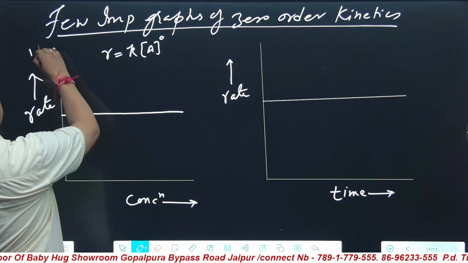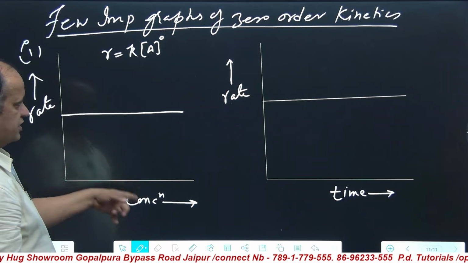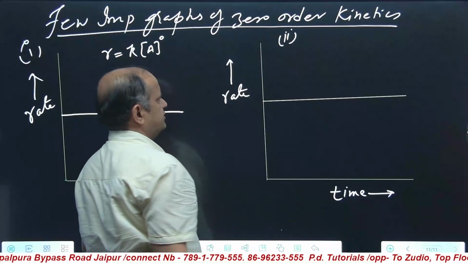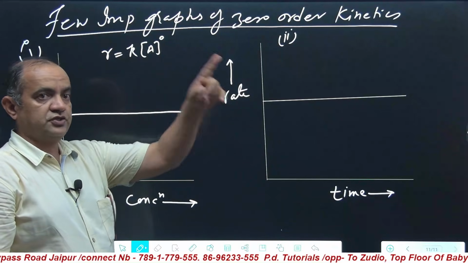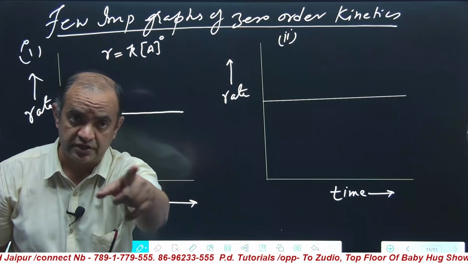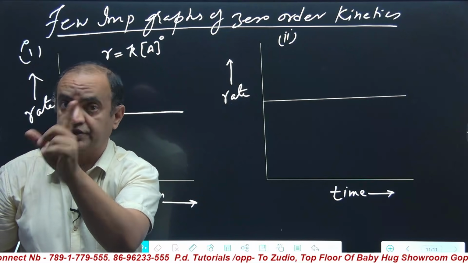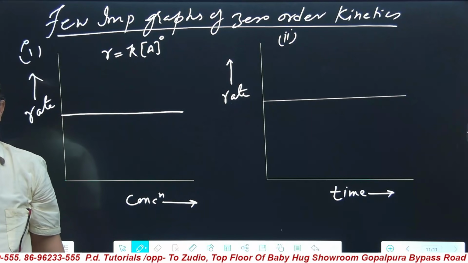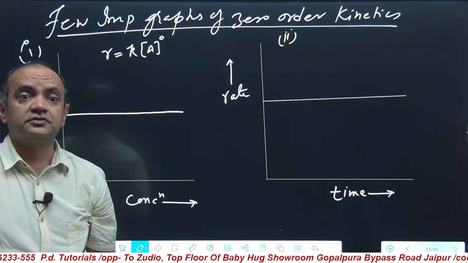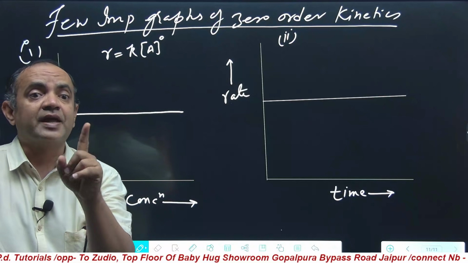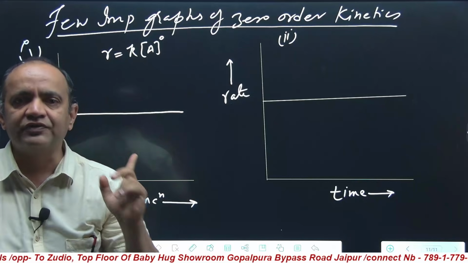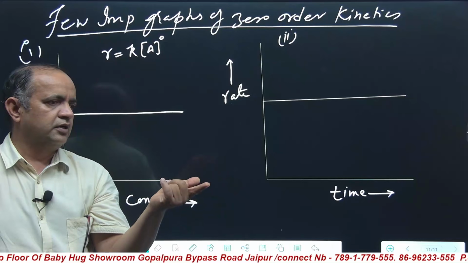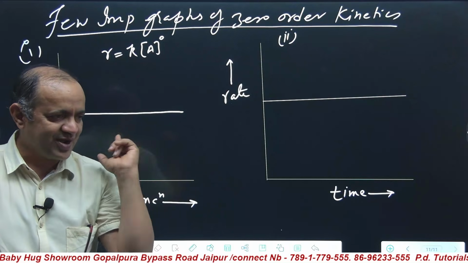First graph, rate versus concentration. And second graph for rate versus time. Rate is independent of concentration and time in zero order kinetics. We have studied earlier, isn't it? And on what factor it depends? Yes, temperature, energy of activation, and third factor, stoichiometry. Good.